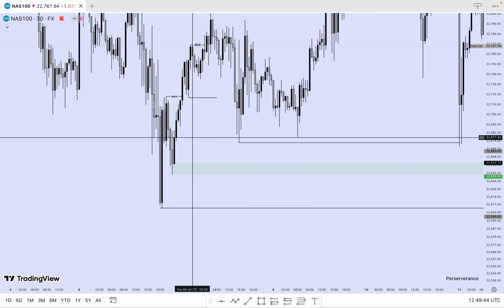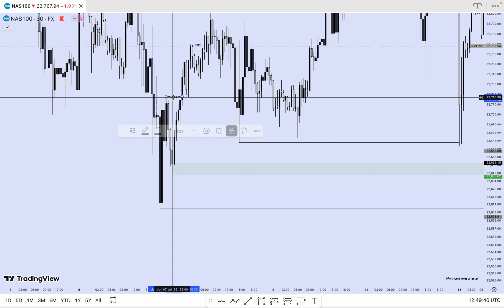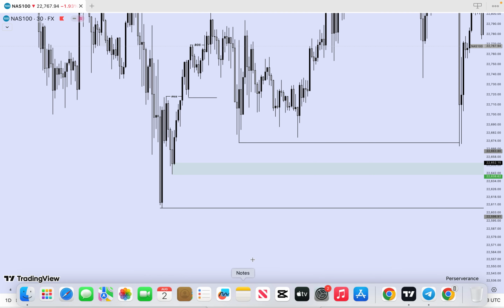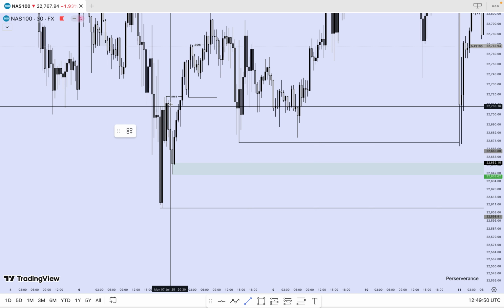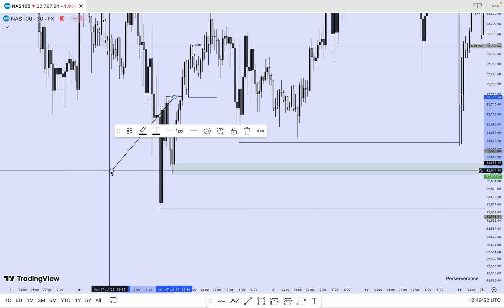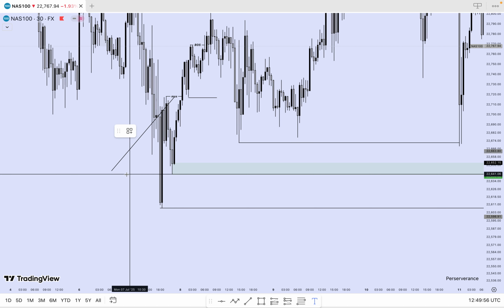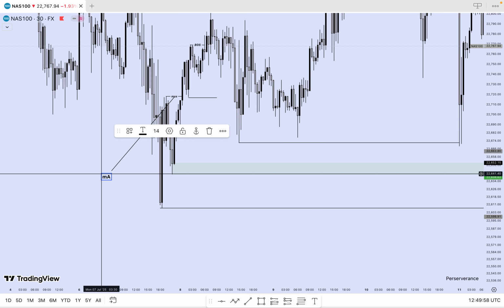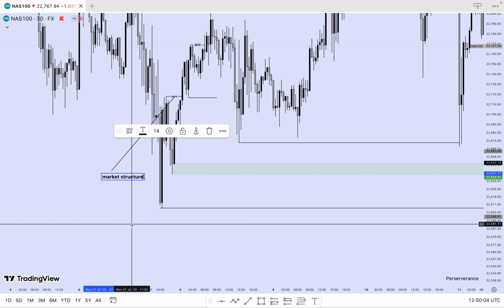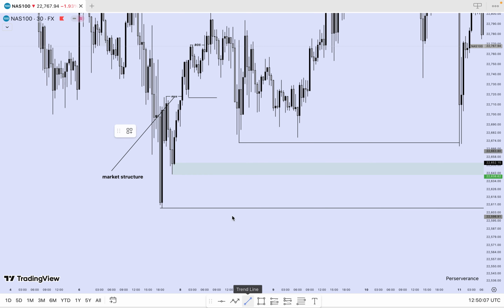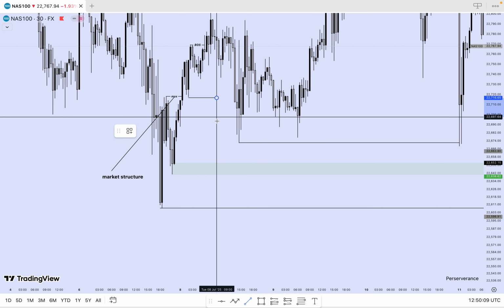So for the market structure part of it, this MSS is the market structure aspect of the strategy. And then for the liquidity part of it, the inducement is your liquidity.